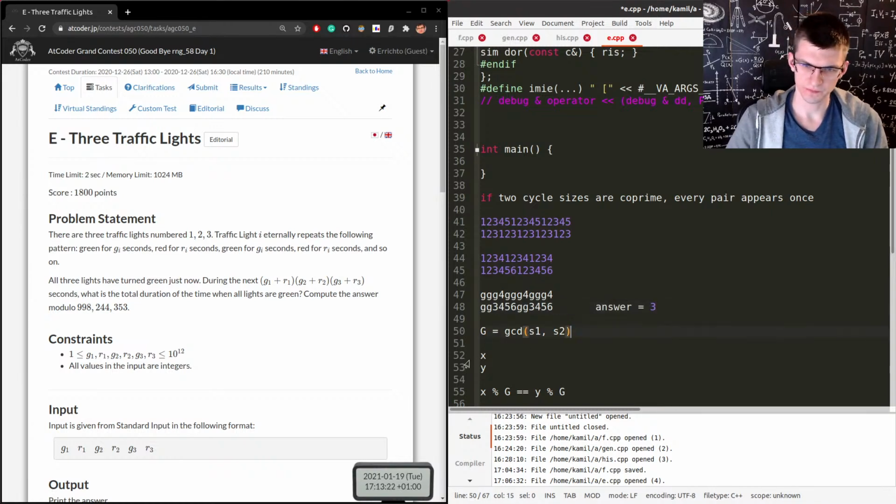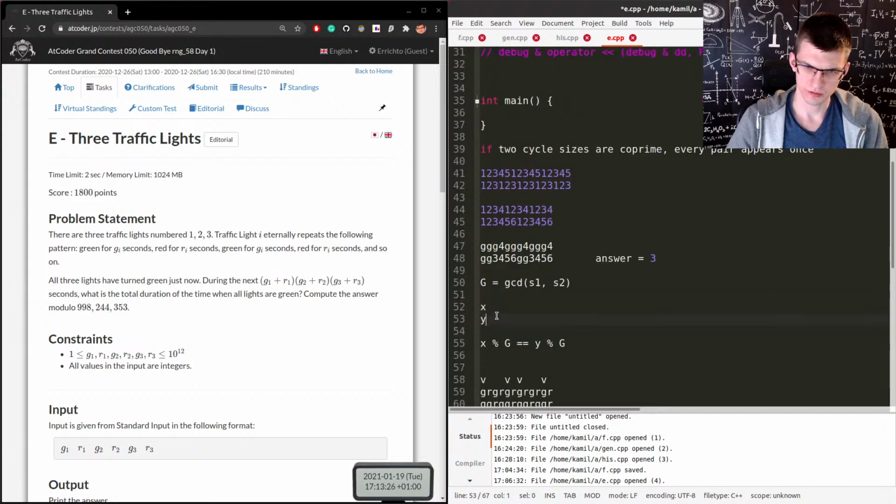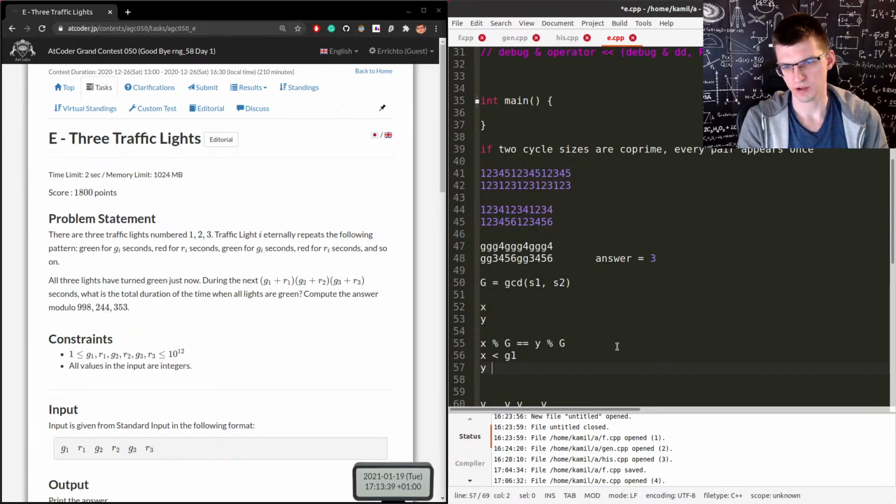How to compute it? We need to count pairs x, y such that this is true, and x is below green 1. Let's say that things are numbered from 0 to size minus 1, and y is up to G2.